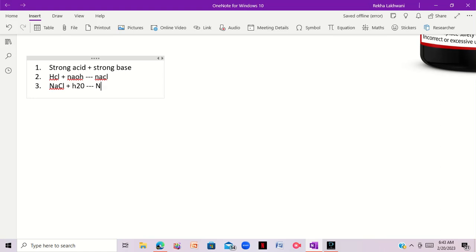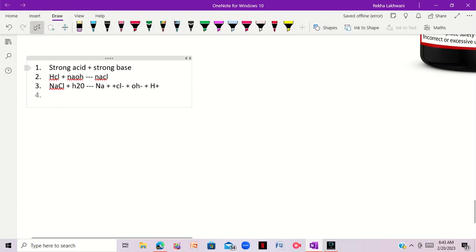Here we will get the sodium positive ion, the chloride negative ion, plus OH negative and hydrogen positive. These are the ions that we get when NaCl dissolves in water.